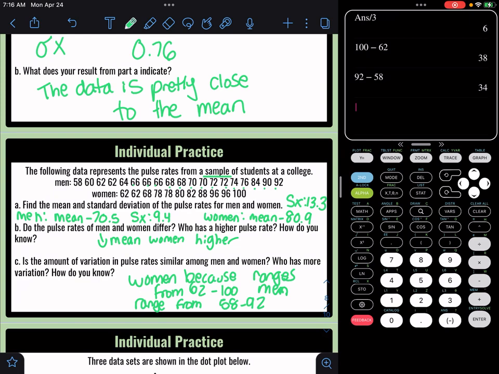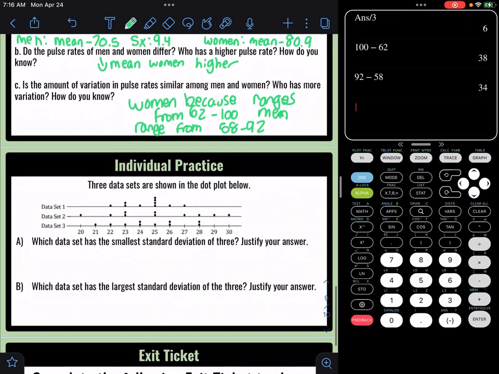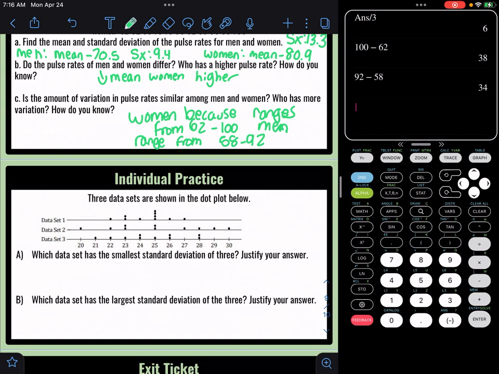Alright, and let's look at this last one. Which set has the smallest standard deviation? Justify your answer. Alright, so I am going to go find data set 1. There is 122, there are two 23s, there is 124, there are four 25s, 126, and 127.